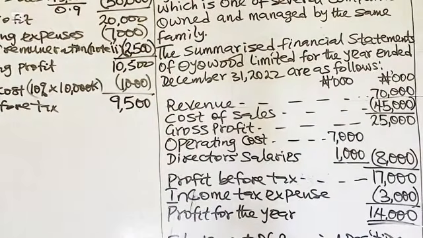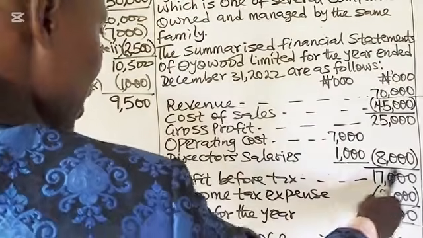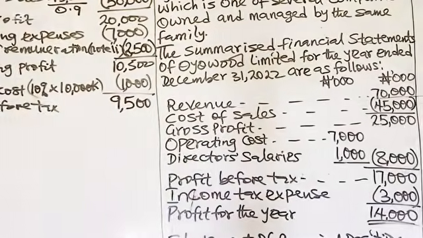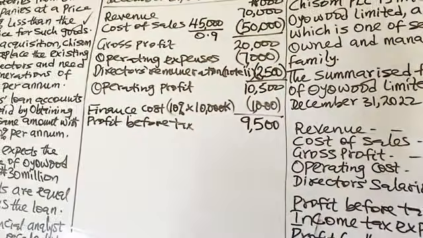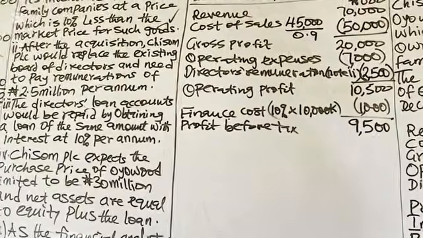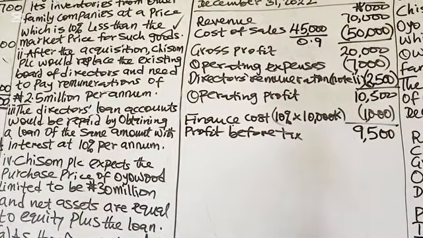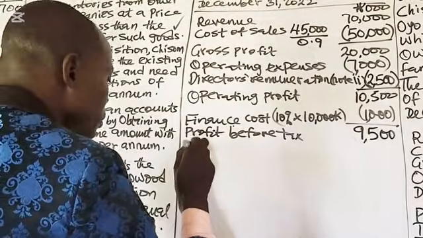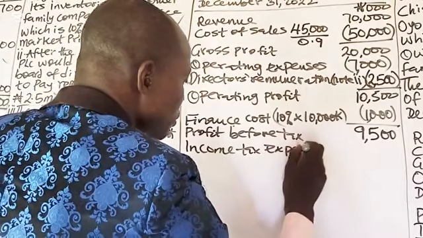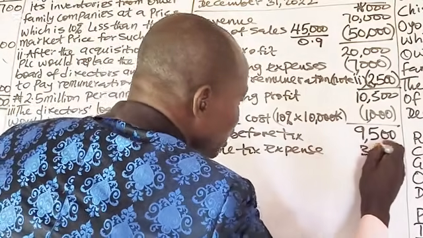Now, we have the profit before tax of 9.5. Since all these have been considered, we have an income tax expense of 3 million.